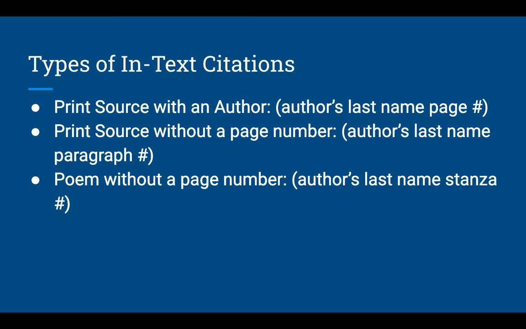The same goes with if you are, for example, using Lancaster Online as your newspaper source and there is not a page number there, but they have authors, so you would do the author's last name and the paragraph number there. And then lastly, most of the time for poems, we're only studying one specific poem. We're not studying an anthology. So for a poem without a page number, it is the author's last name and stanza number. Remember, a stanza is similar to a paragraph within the context of a poem.